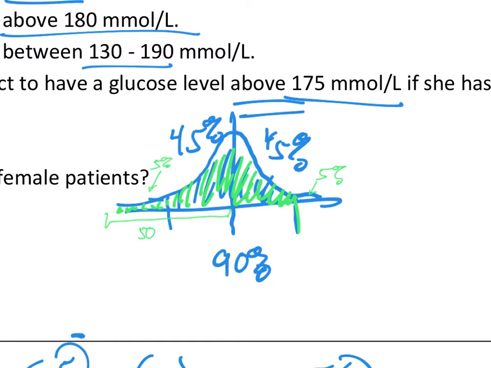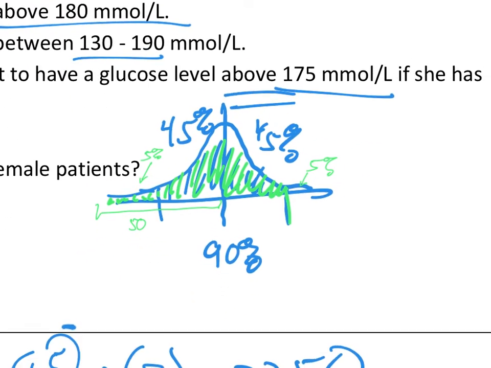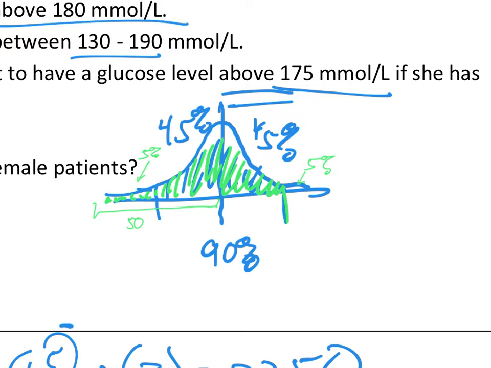Okay, so we need to use that inverse norm to find out, not how many patients, but what the glucose levels are down here and then up here. That will give us this range.